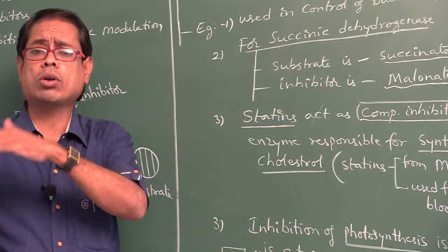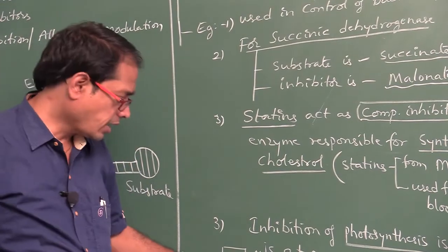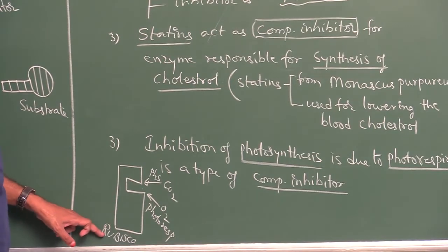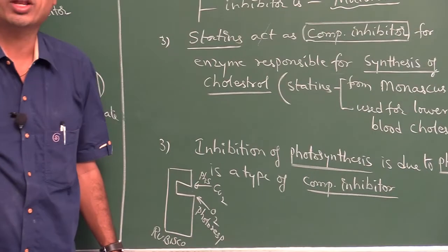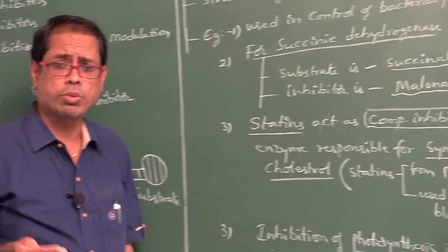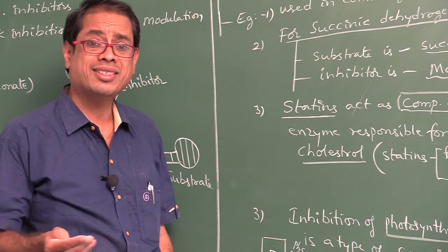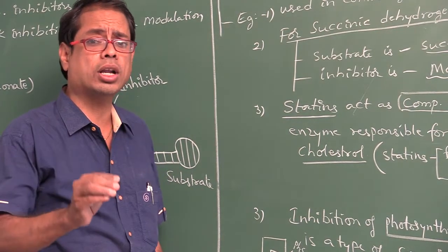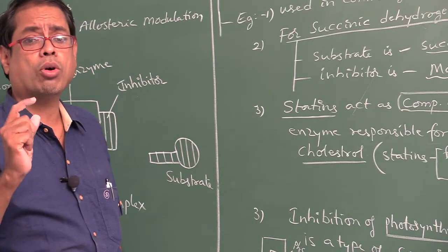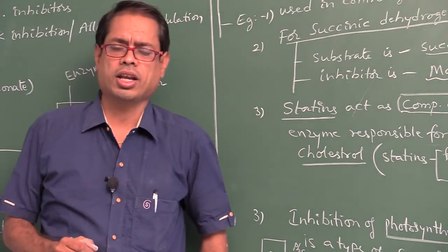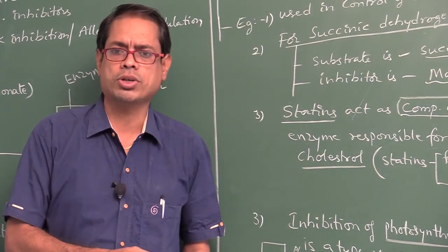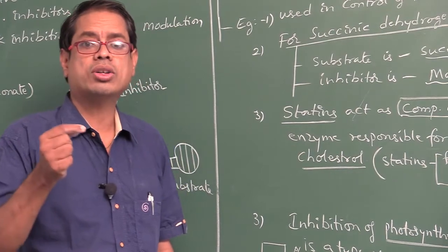In the atmosphere, when O2 concentration is more, O2 is bound to the active site of the enzyme Rubisco. Then photorespiration occurs. So Rubisco has the ability to fix both CO2 and O2. If CO2 is fixed, it acts as carboxylase, in photosynthesis. If O2 is fixed at the active site, it acts as oxygenase.